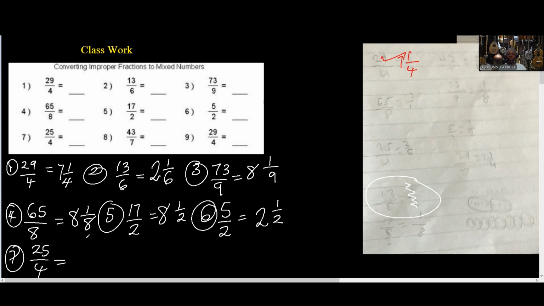How many 4s in 25? That's 6. 4 times 6 is 24, okay? Remain 1 over 4. And number 8, 43 over 7. How many 7s in 43? That's 6, which is 42. Remain 1 over 7. And the last one, 29. Oh, the last one is the same as the first one. So it's the same 29 over 4, okay?